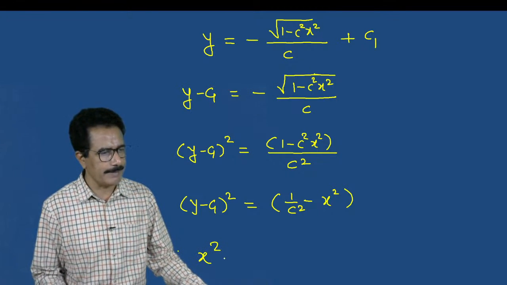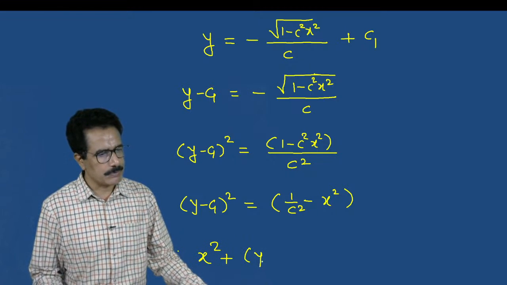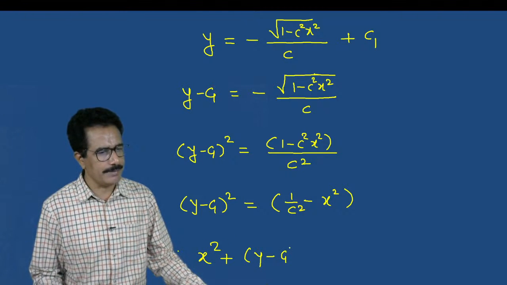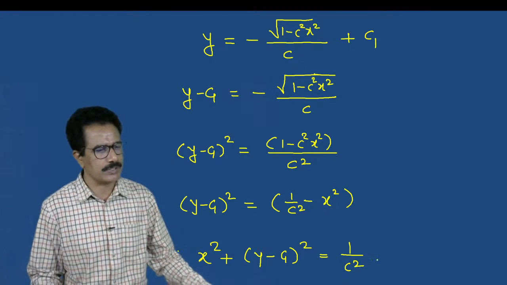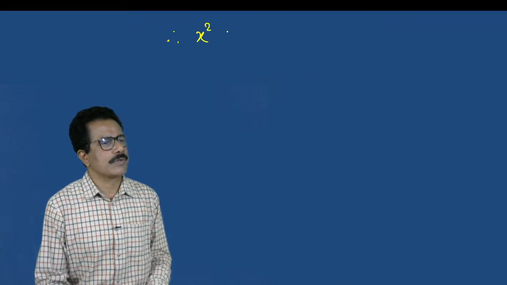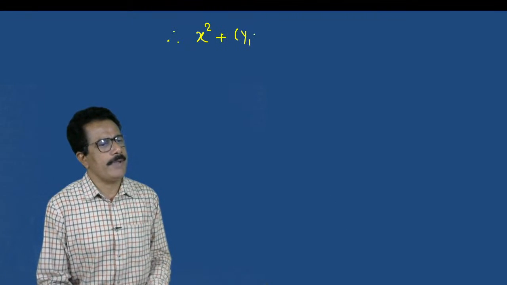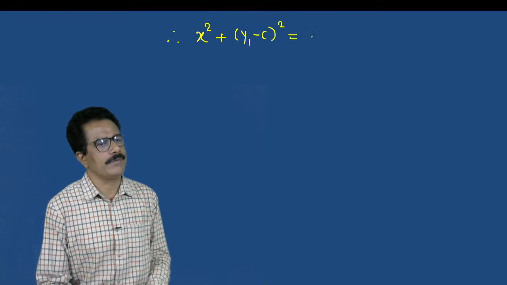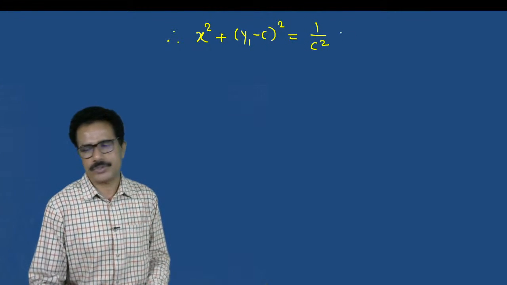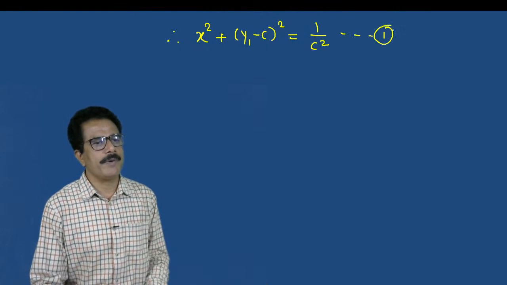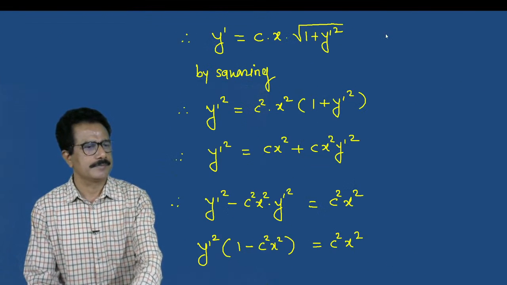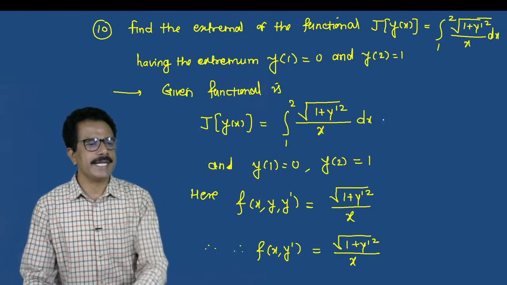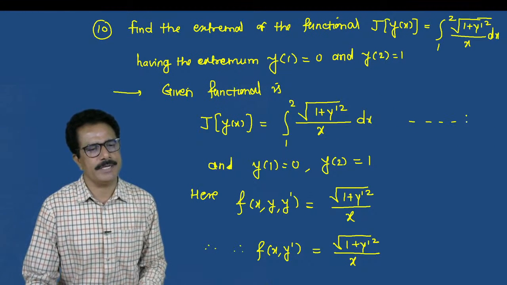So X square plus y minus C1 bracket square is equals to 1 upon C square. Suppose this is equation number 2. This is a big integration, that is why I have taken it, remember.